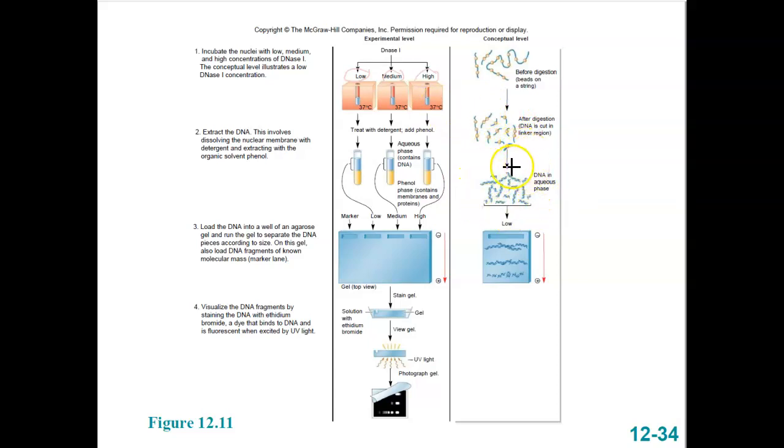You remove the histones using the detergent and the phenol, and then you run your DNA down a gel. The marker is just something that tells you how big the pieces of DNA are. And after you run the gel, you stain it and you look at it under UV light. The stain allows you to see the size of DNA fragments.